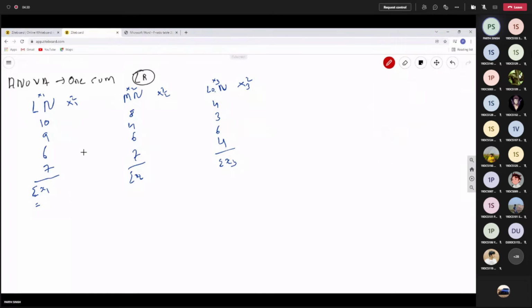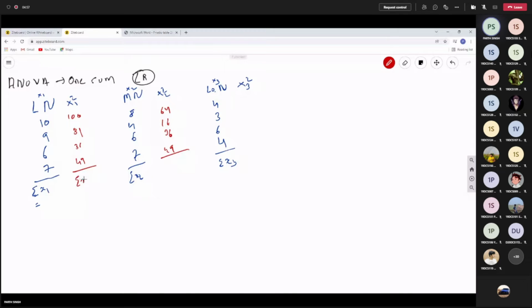I'm changing the color so that you can coordinate कि हम अभी कहाँ देख रहे हैं. So if I calculate, I will here have 100, 81, 36 and 49. Similarly here I will have 64, 16, 36 and 49. हम यहाँ पे भी summation लेंगे.